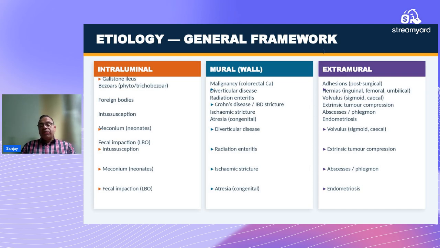Hernias, specifically the inguinal hernia, femoral hernias and paraumbilical hernias, volvulus, more commonly seen in the sigmoid, less commonly in the cecum. Any compression of the bowel wall by an extrinsic mass like a tumor or a lymph node mass, any abscess cavity or a phlegmon, endometriosis, a gynecological condition. These all are important causes of extramural intestinal obstruction.